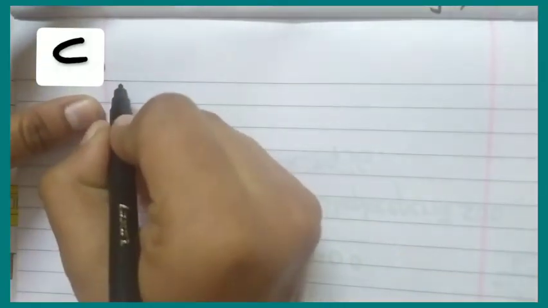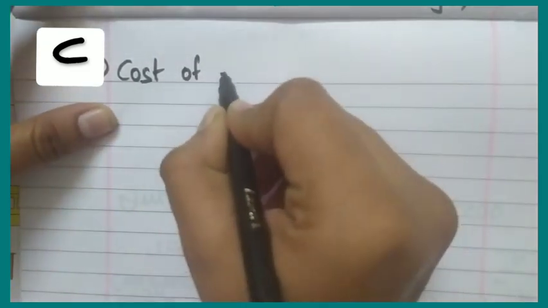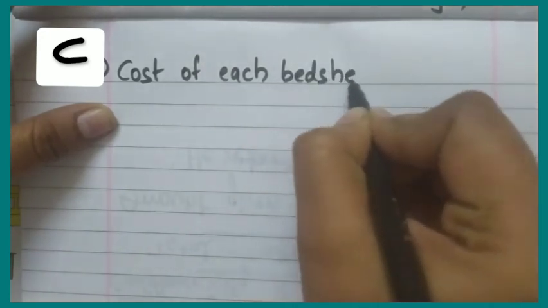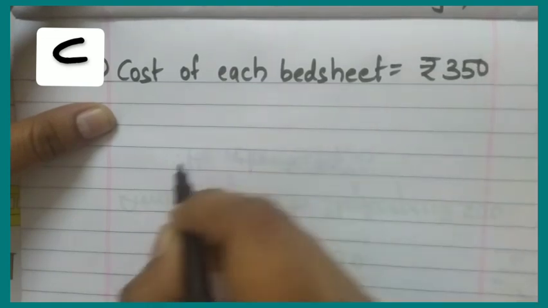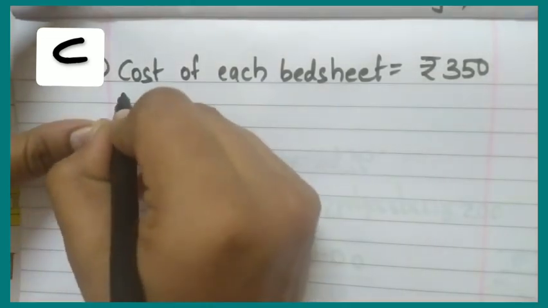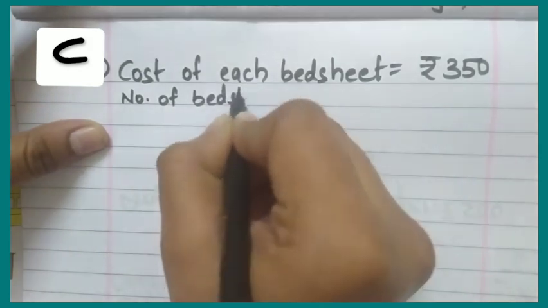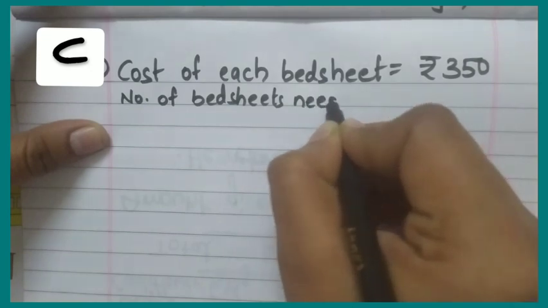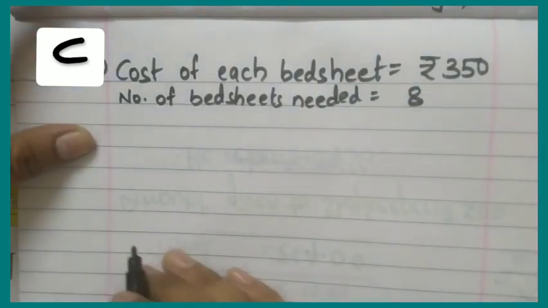Okay. Now look at first, cost of each bedsheet, or one bedsheet, 350 rupees. Okay. Number of bedsheets needed. How many? 8.